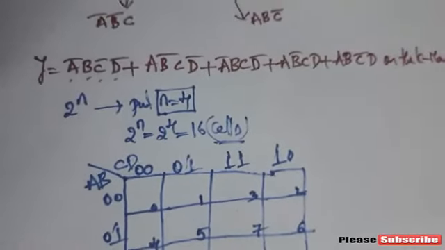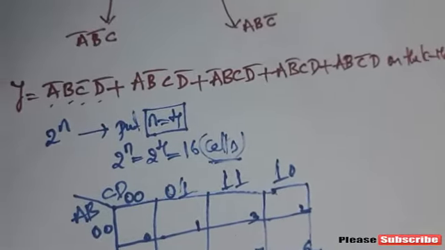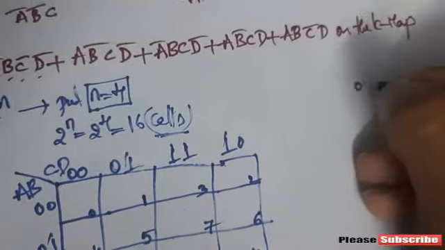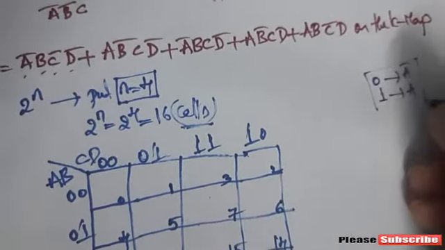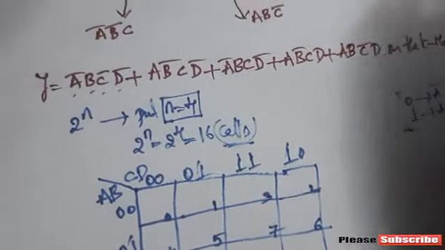Let's see the representation. 0 represents A bar, 1 represents A for min term representation or SOP form.